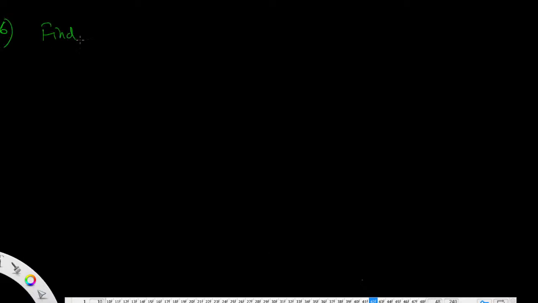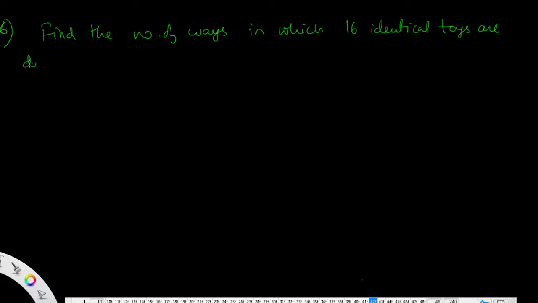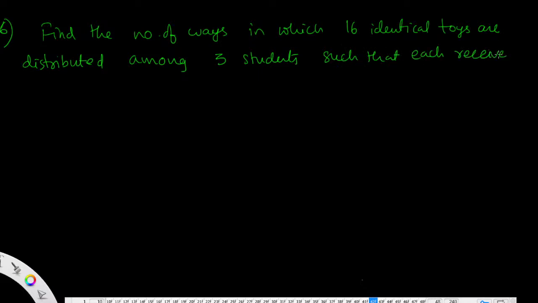Question 6. Find the number of ways in which 16 identical toys are distributed among 3 students such that each receives not less than 3 toys.